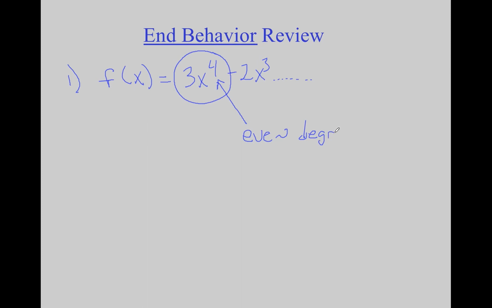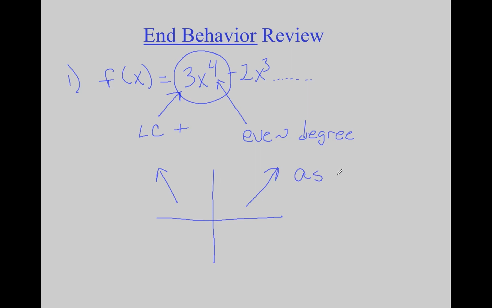So we know that both ends are going up or both ends are going down. This one here is a leading coefficient, which is positive. So I know that my graph, one end is going to go up here, the other end is going to go up here. So let's describe what this is doing right here.